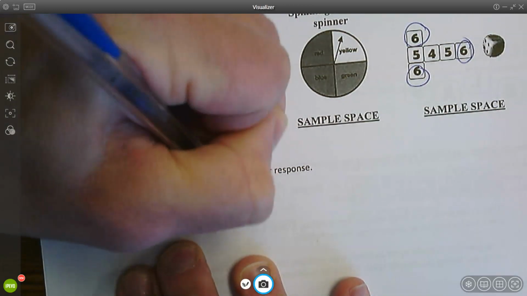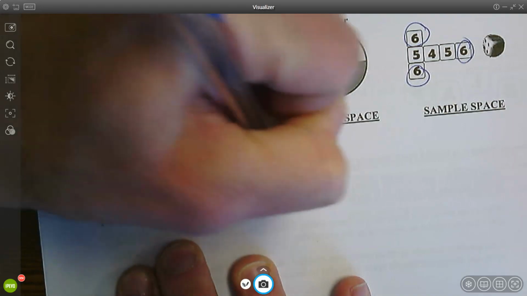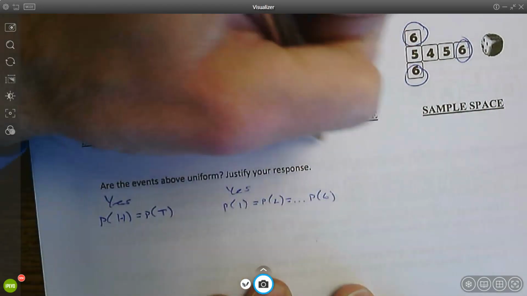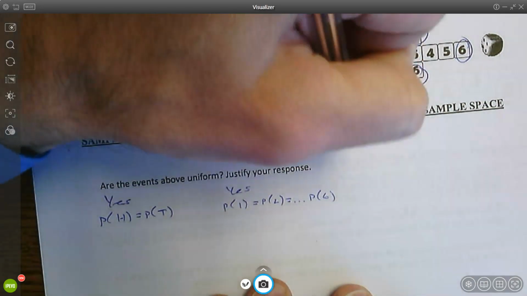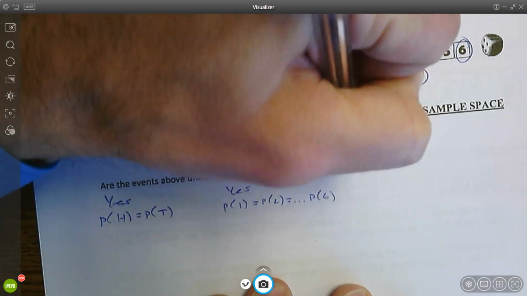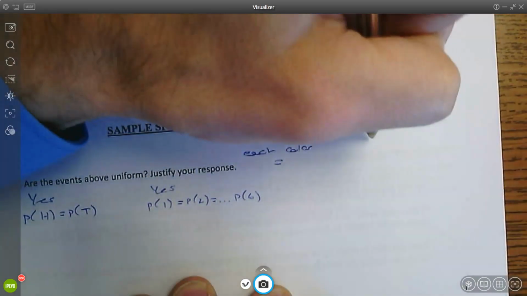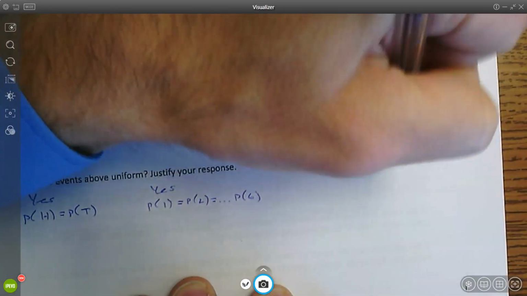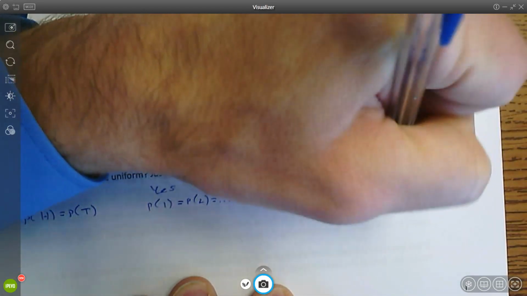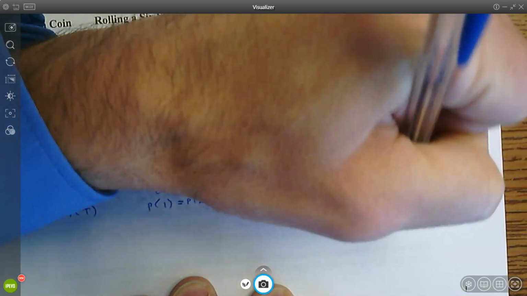Here, yes, the probability of 1 equals the probability of 2 equals ... the probability of 6. For the third one, yes, probability of each color is equal. And this last one would be no, probability of each number is not equal.